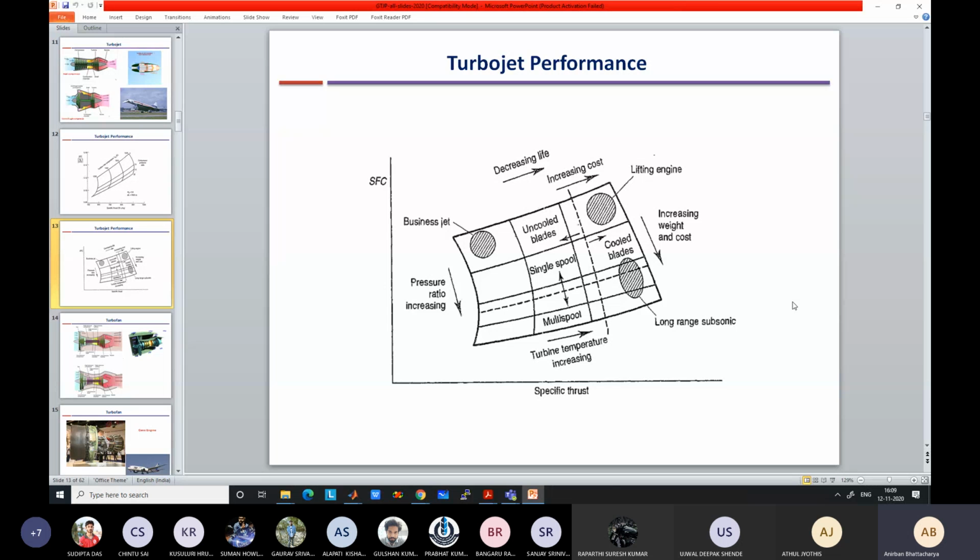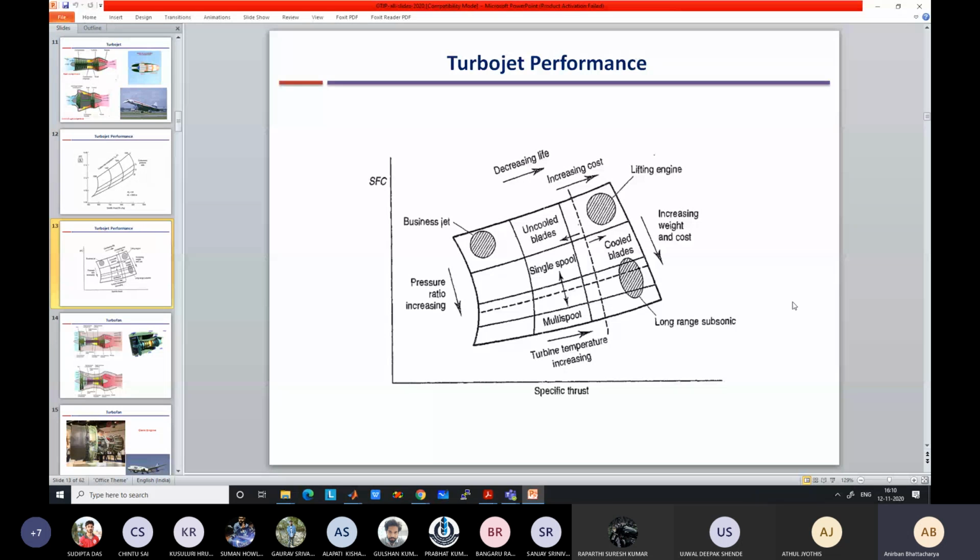So for passenger aircraft, what is the most important consideration? Fuel economy. Running an airline company, almost half the cost goes towards fuel, and all the other things like salary and maintenance are secondary.